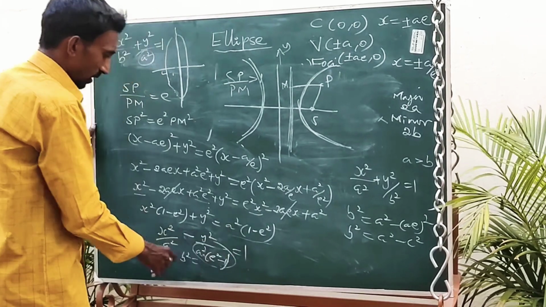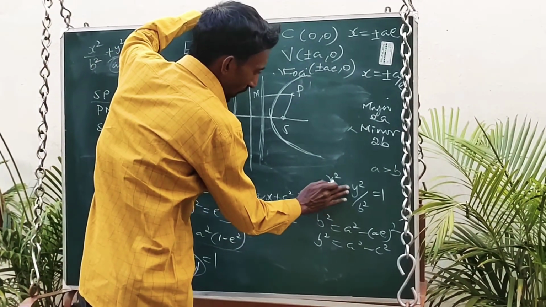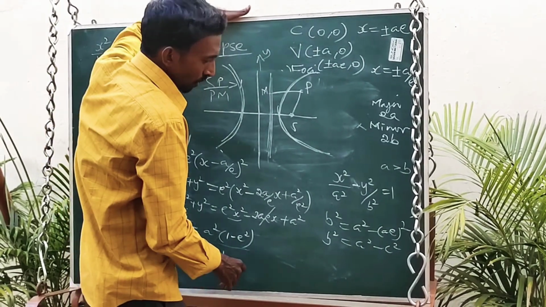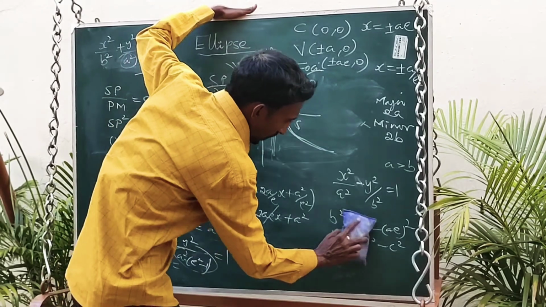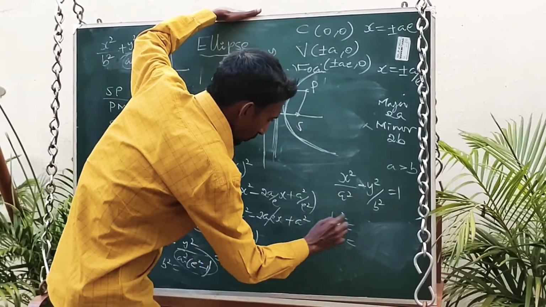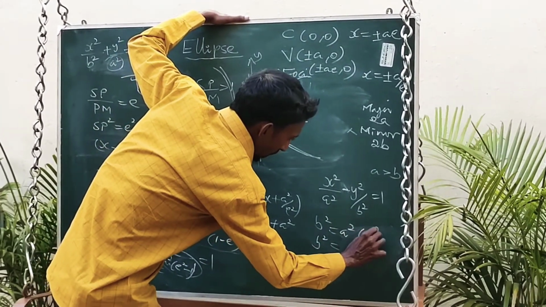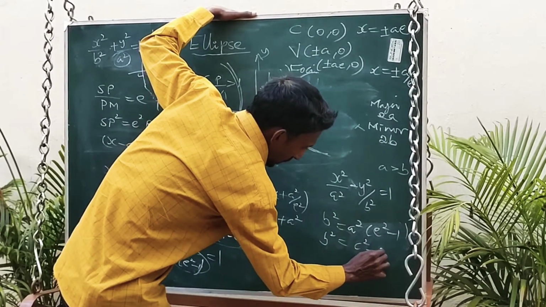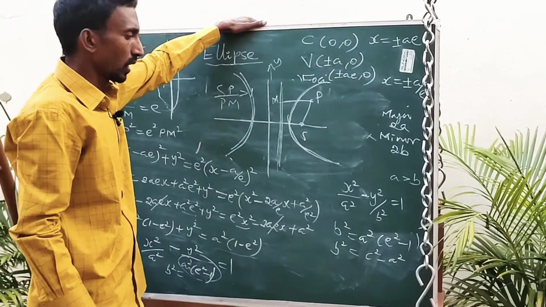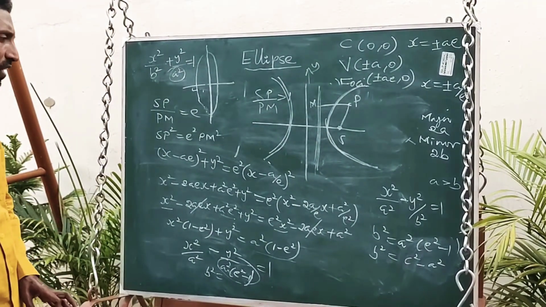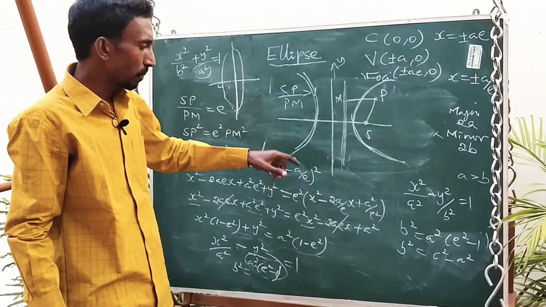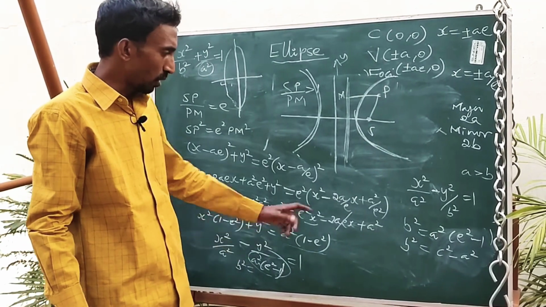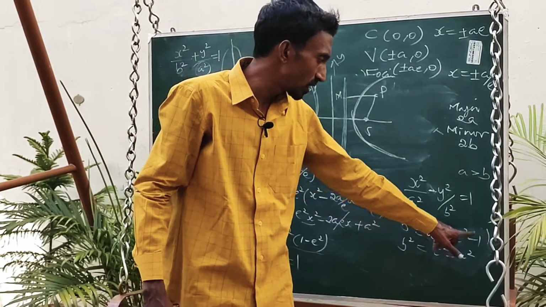So x square by a square minus y square by b square equal to 1, where b square equals a square into e square minus 1, or c square minus a square. That is the slight difference. For the ellipse, b square equals a square into 1 minus e square, but for the hyperbola, b square equals a square into e square minus 1.